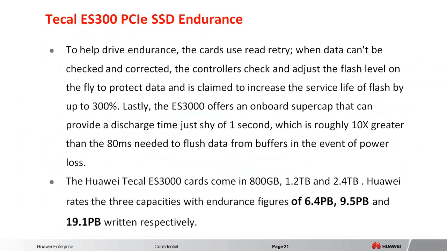So 6.4 petabytes for 800 gig, 9.5 petabytes for 1.2 terabytes, and 19.1 petabytes. That's the written endurance for our PCIe, which if you calculate it on a yearly basis, even on a lot of heavy-access databases, translates to about 5 to 7 years.